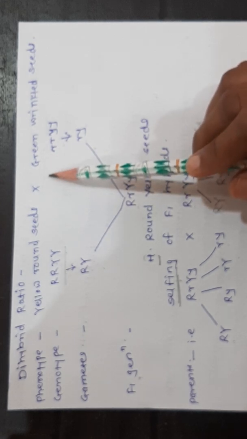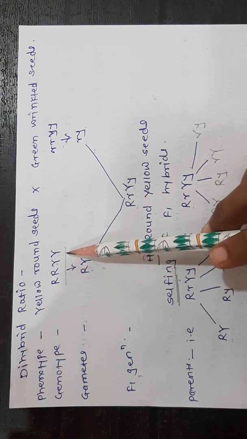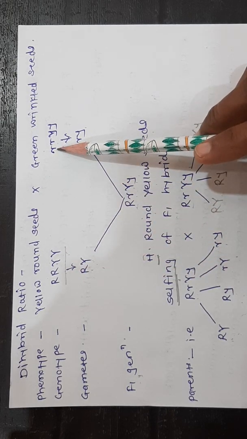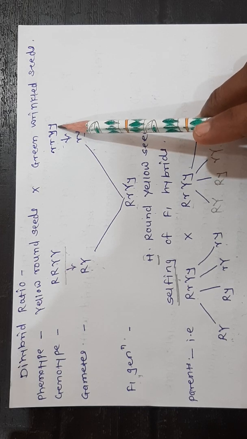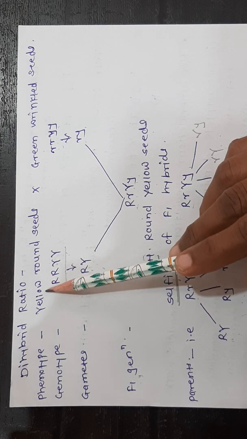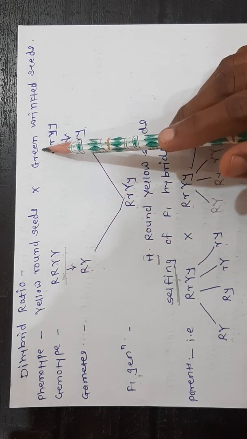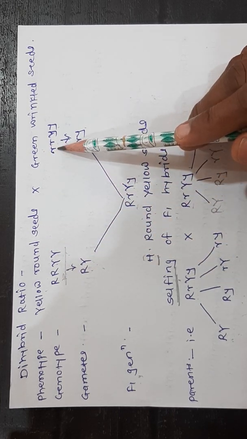Here capital R, small y, crossed with small r, small y genotypes. Means for yellow, capital R are the genotypes which are crossed with the green small r genotype.